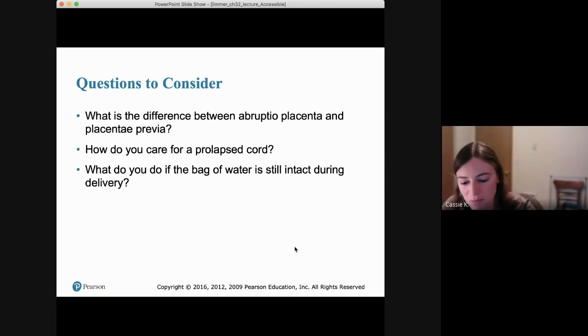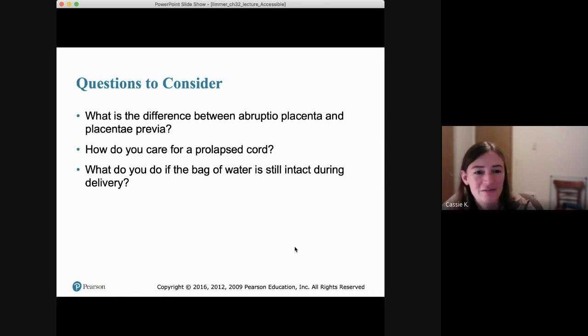Abruptio placenta generally occurs in the third trimester when the placenta separates prematurely from the uterine wall and leads to bleeding. Placenta previa is when, instead of being at the top and back of the uterus, it's down covering the cervical opening. That can prevent delivery and result in bleeding.